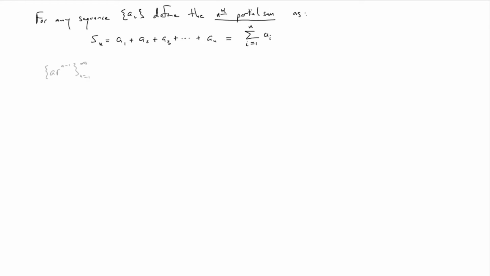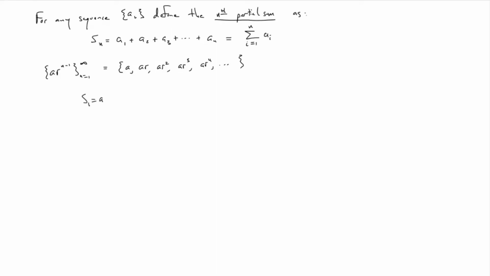Okay, suppose we have a geometric sequence, any geometric sequence, a times r to the n minus 1 as n goes from 1 to infinity, which is simply the sequence a, a times r, a times r squared, a times r cubed, etc. Notice that each term is r times the term before it.